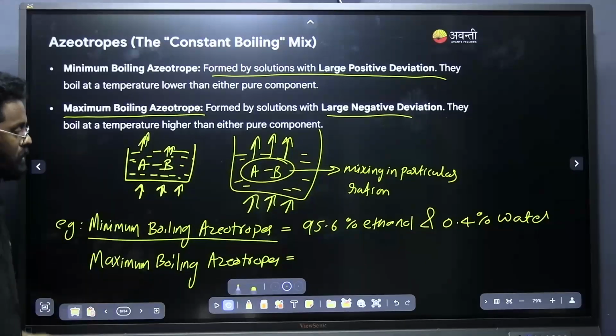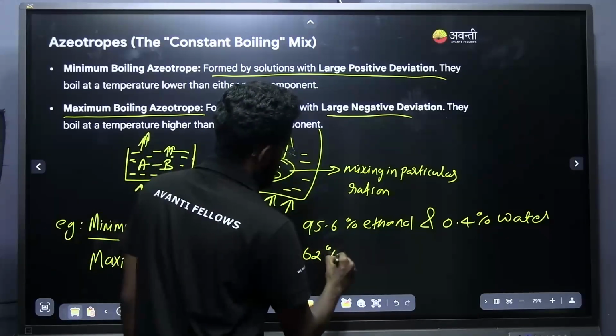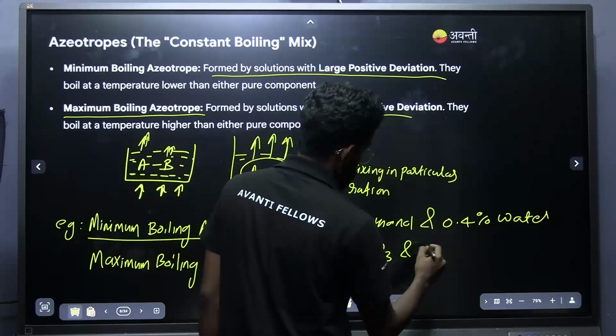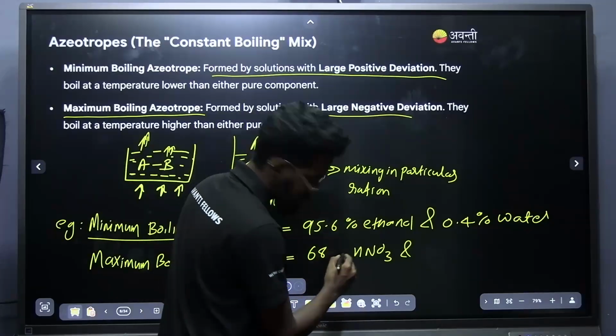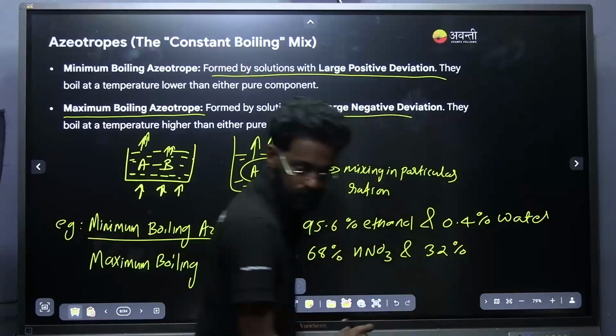One example I can give for maximum boiling azeotropes is 68% HNO3 and 32% water.